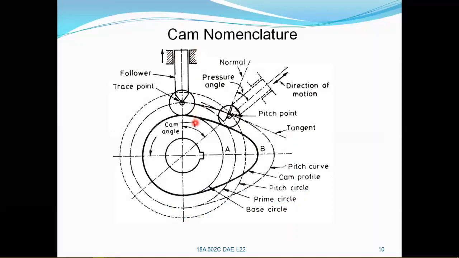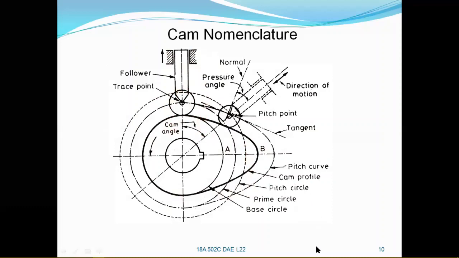Here you can see this is the radial cam and the roller follower, and this is the guide frame. If you see various points here in this nomenclature, you can see many of the definitions.